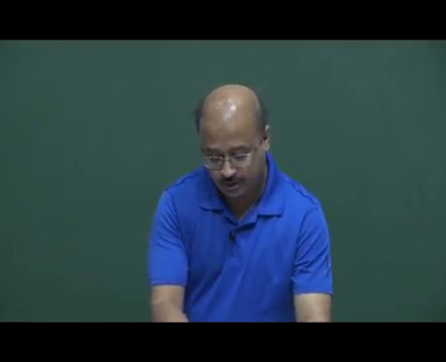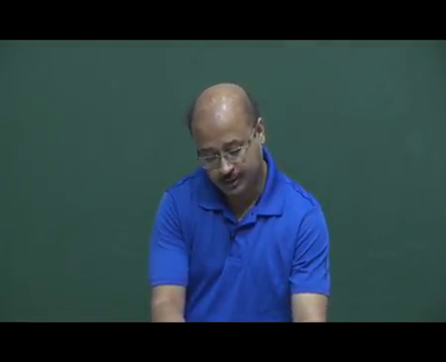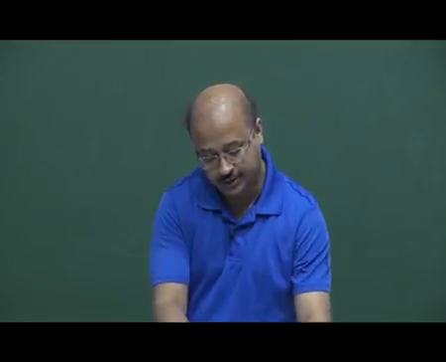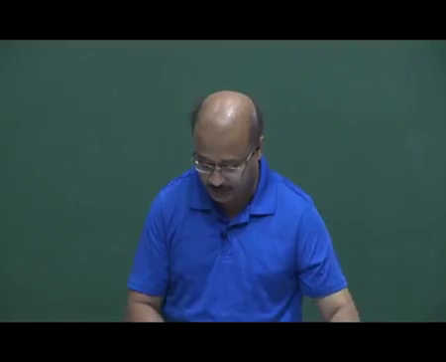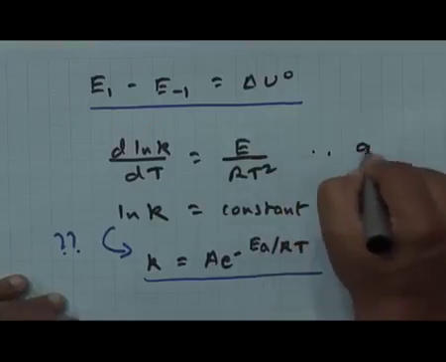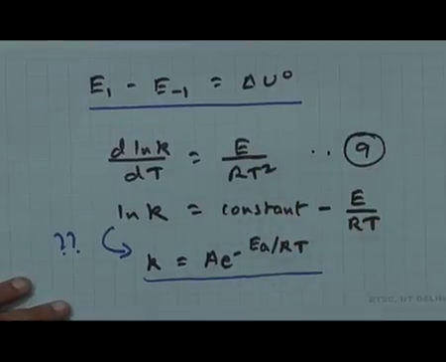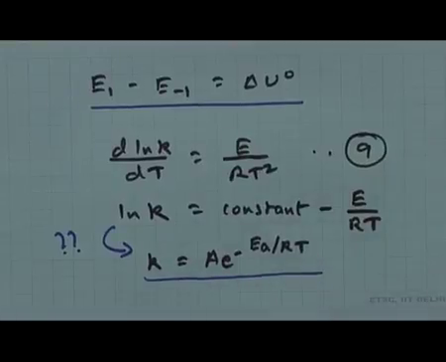So, let me see what the equation number was for this last one yesterday. Okay. So, this one was, I think, equation 9, which we gave, right, and then obviously this is the Arrhenius equation.